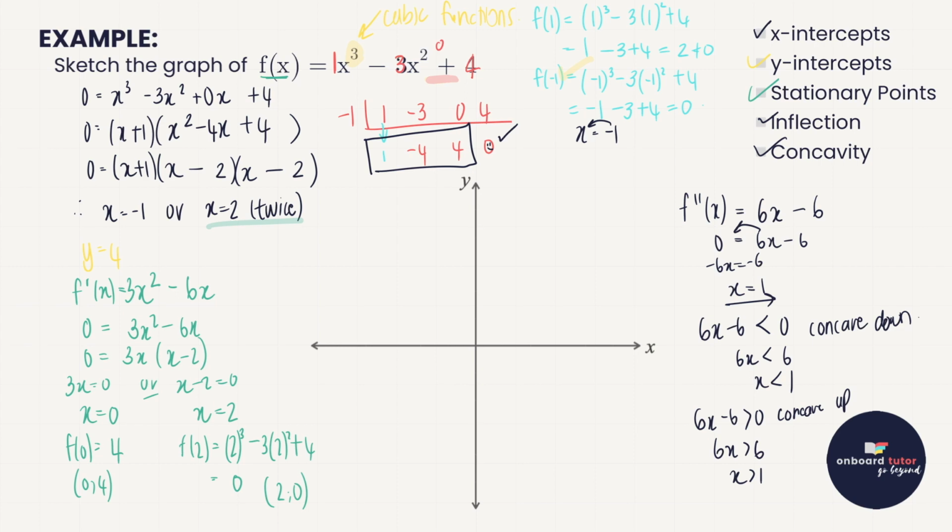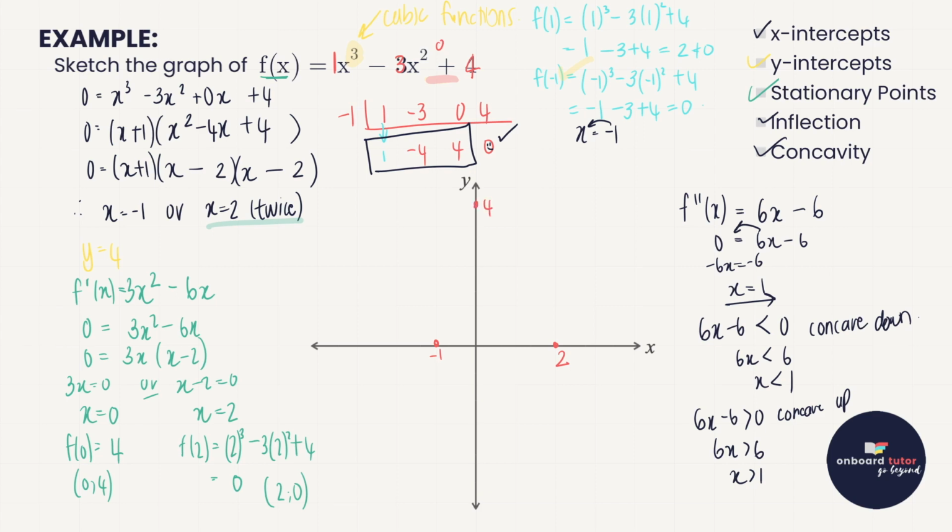Now, most of the times we're dealing with really big numbers, so we're not always expected to draw this exactly to scale, but we still want to be accurate. Okay, so we've got 2 x-intercepts. We've got an x-intercept at x equals minus 1 and another one at x equals 2. Then we've got a y-intercept, we said at 4.